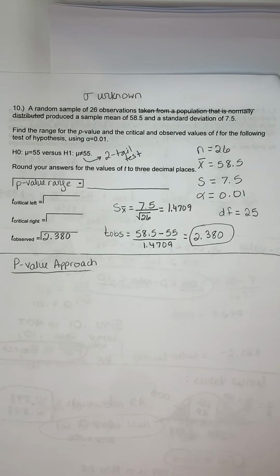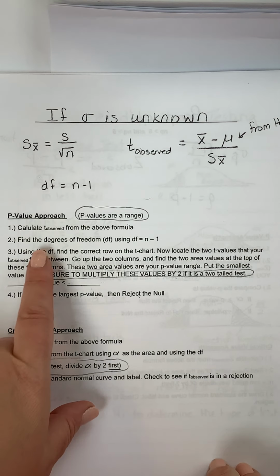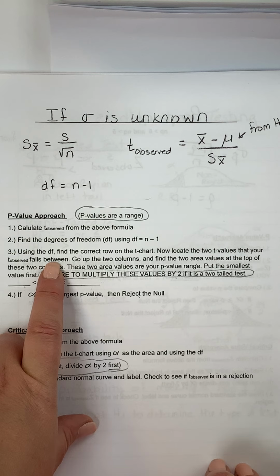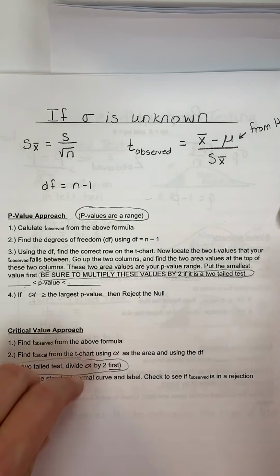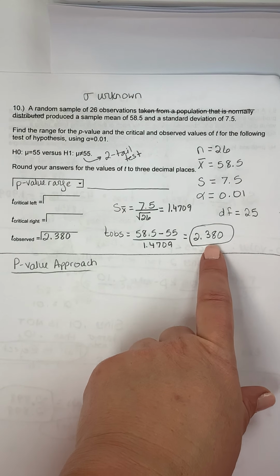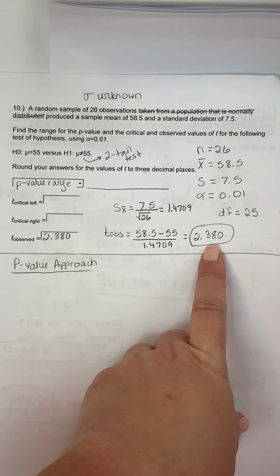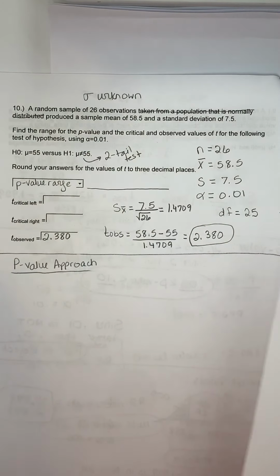All right, so if we go back to our handy dandy reference chart, we already have t observed. We already have degrees of freedom. We're going to find the row for degrees of freedom. We're going to find the column that contains this t observed. We're going to go straight up to the areas, and we're going to multiply them by 2 because we have a two-tailed test. So here we go.